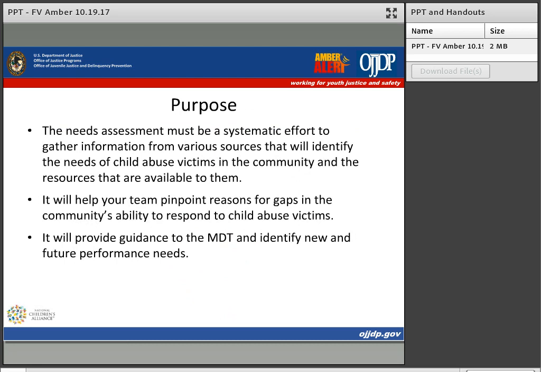Let's talk about why we do these assessments. First off, you've got to have a system. There's got to be a system for how you gather this information. One of the realities of the work that we do is we're held accountable for how we use our resources and our personnel. And one of the things that an assessment does is it allows us to have a logical use of resources and we can show the need for the things that we're doing.